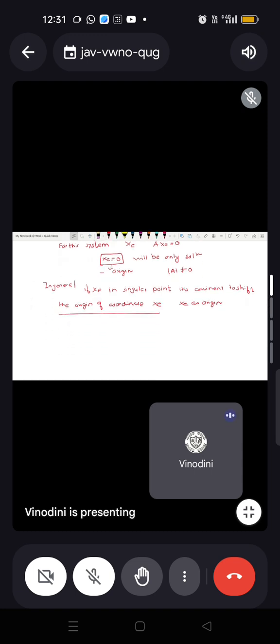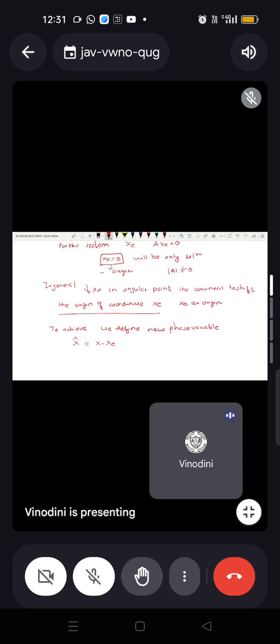Now to achieve that, what is to be done? We define a new phase variable as X tilde, which is X minus Xe.